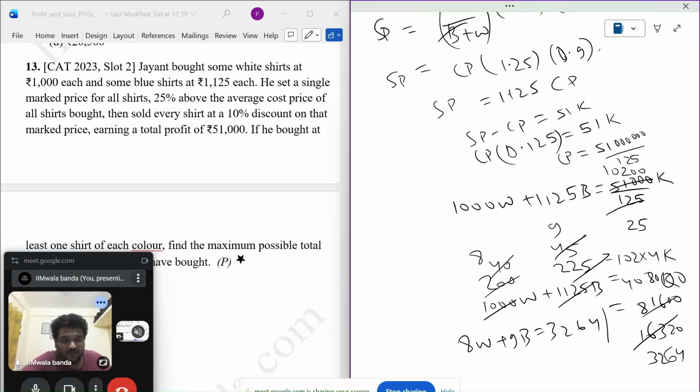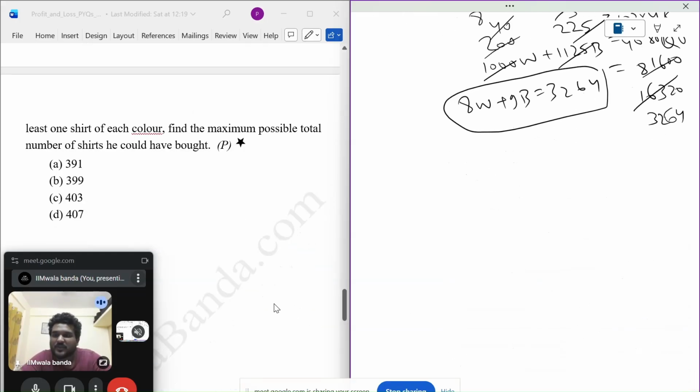This is what I've got, assuming that I've not made any mistake. Let's see from the options if we can find something. Maximum possible number of shirts you would have bought. Okay. So one thing which is my favorite also, and it is very, very useful, is that last place is 4, and this is 9.